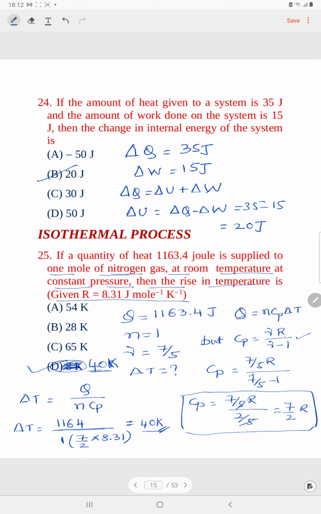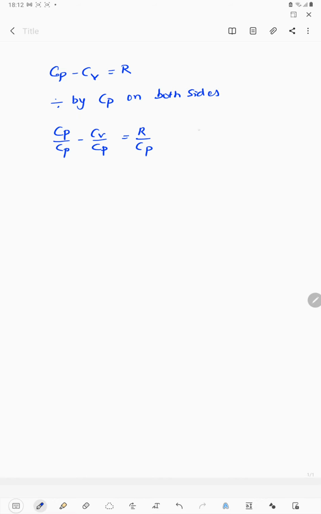Students, now I will tell you how that Cp value becomes gamma R by gamma minus 1. I'll explain how this is obtained. We know the Mayer's relation Cp minus Cv is equal to R. Divide the whole equation by Cp on both sides. We will have Cp by Cp minus Cv by Cp is equal to R by Cp.